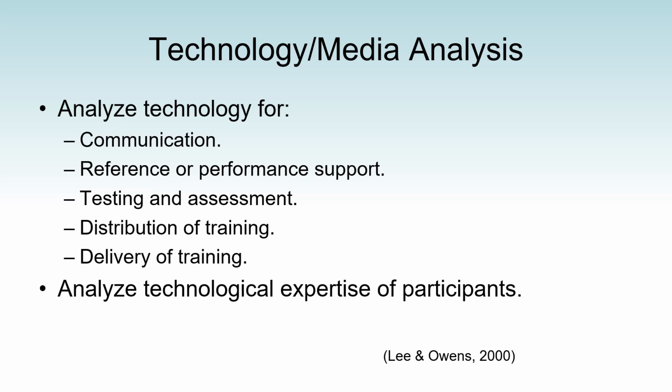What kind of performance support might you need to give? How about testing and assessment? How are you going to conduct that? How are you going to distribute the training? And one of the main factors is, what are the technological capabilities of the equipment and the expertise of who the participants are going to be.